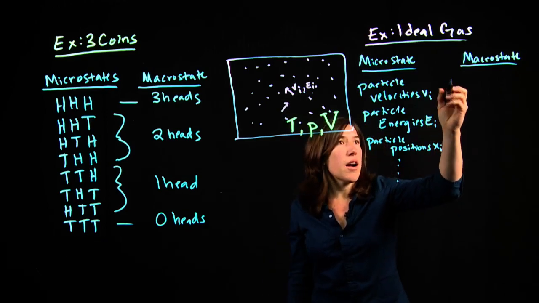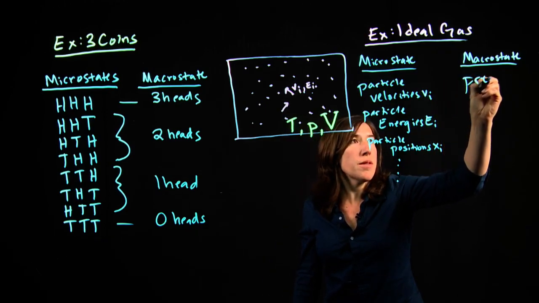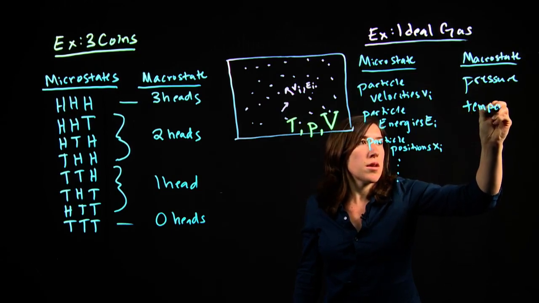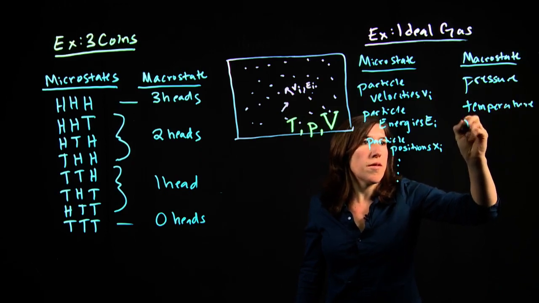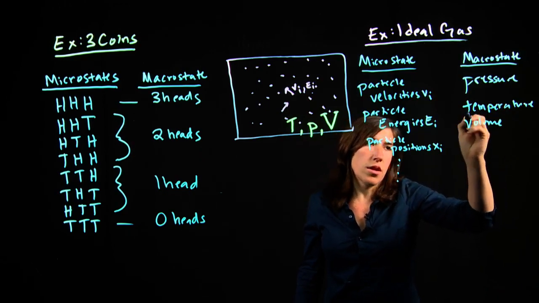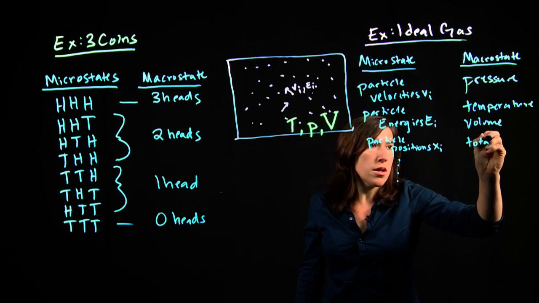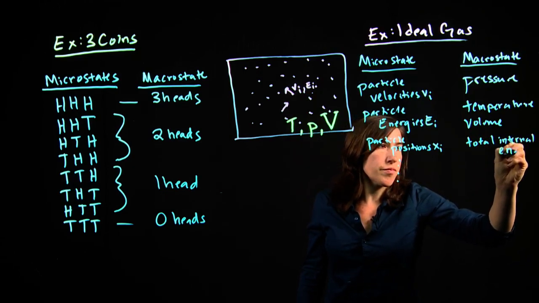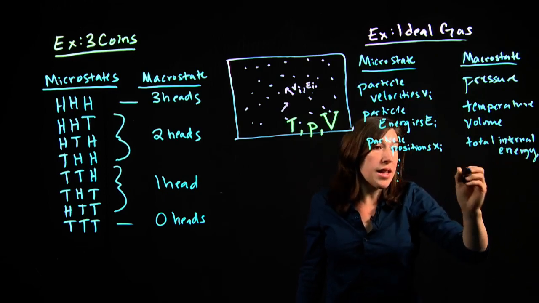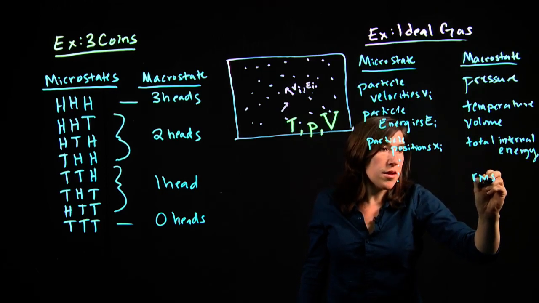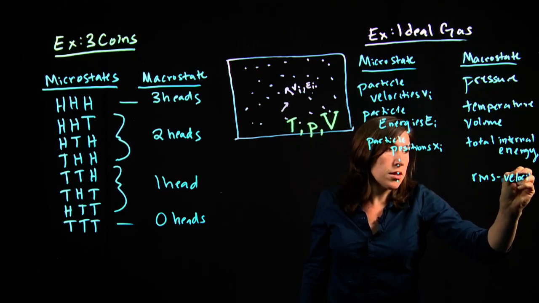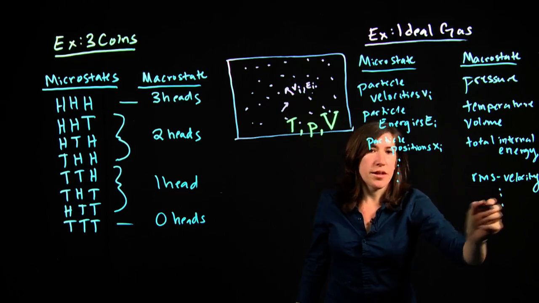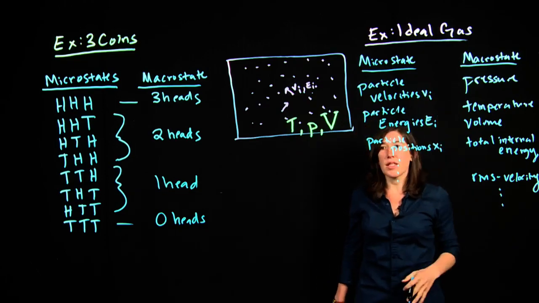So the macrostate properties are things like the pressure, the temperature, the volume, the total internal energy, and things like the RMS velocity. These are all macrostate properties. We could continue the list, and I'm sure there are lots more we could write down.